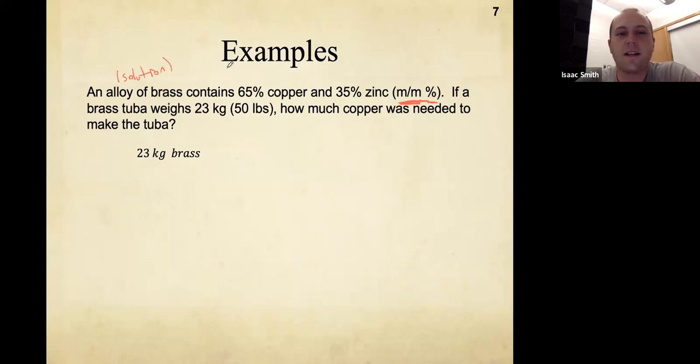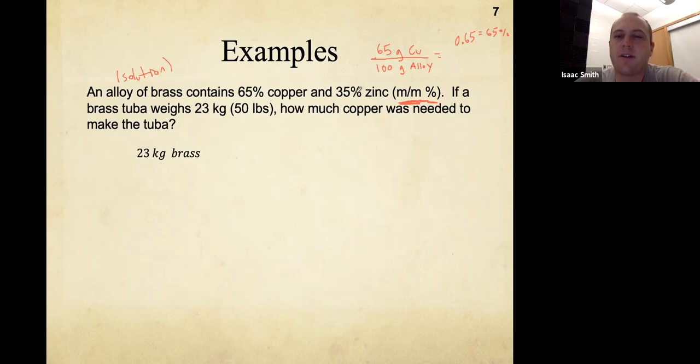So if it says 65% copper by mass, what that's saying is we have 65 grams of copper for every 100 grams of alloy, or solution. That's basically what it's saying. 65 divided by 100 would equal 0.65, and 0.65, if you turn that into a percent, would be 65%. So you can see the relation there.